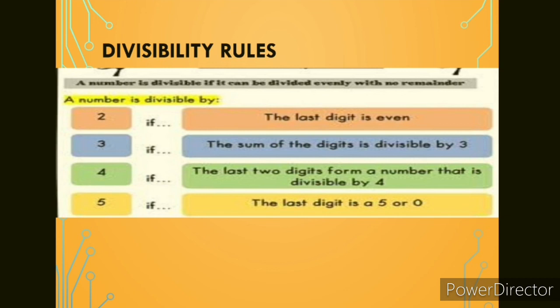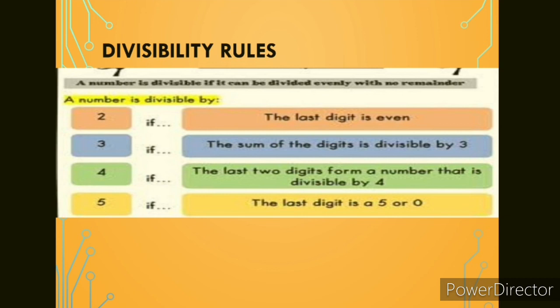Last digit is an even number, that means the unit place is having 0, 2, 4, 6, 8. Okay. If a number is divisible by 3, the sum of the digits is divisible by 3. Next one is 4. If the last 2 digits form a number that is divisible by 4.